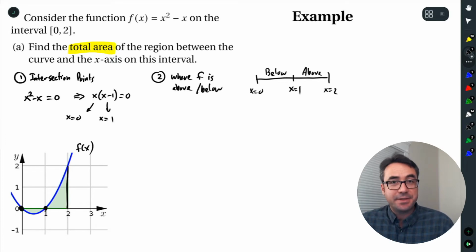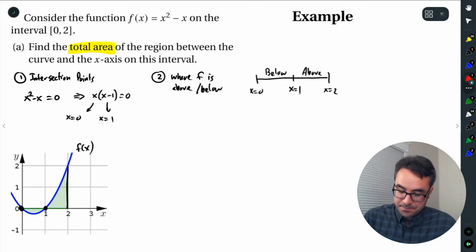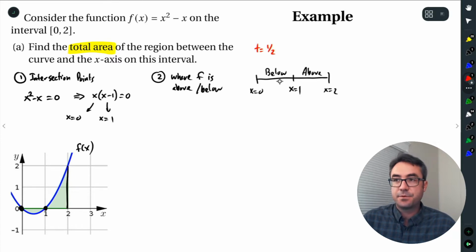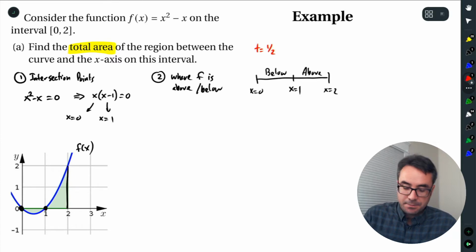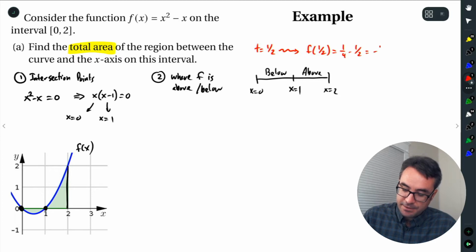If we didn't have the graph, the way you could figure this out is with test numbers. So you could use t equal to 1/2 for this interval here, plug it into the original function, you get 1/4 minus 1/2, which is negative 1/4, and the fact that this is negative tells us we're below.